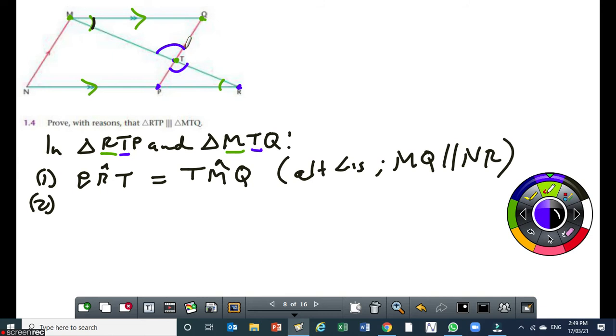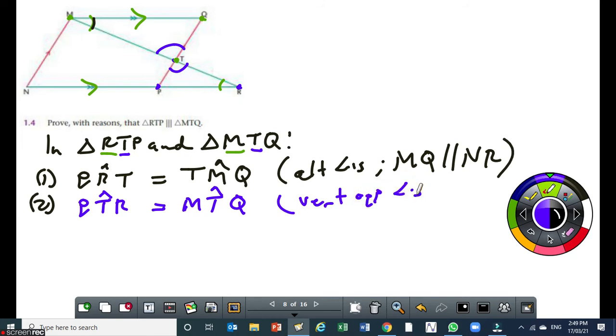So I'm gonna say angle PTR is equal to angle MTQ. If you want, you can also call this angle T1, that one T2. It's your choice. Then I'll write it in brackets here, vertical opposite angles. All angles that are vertically opposite to each other are equal.